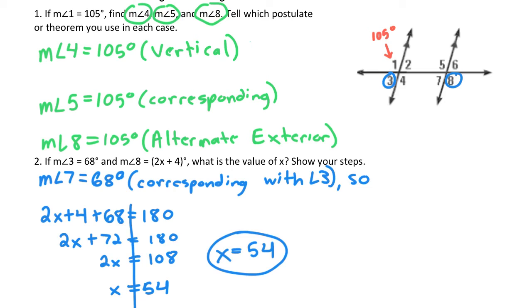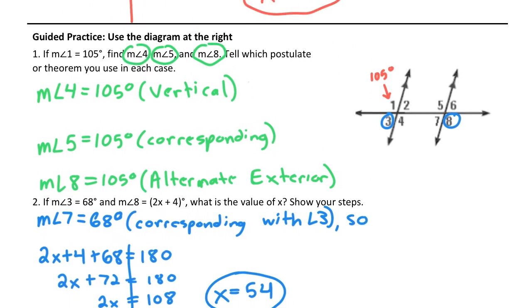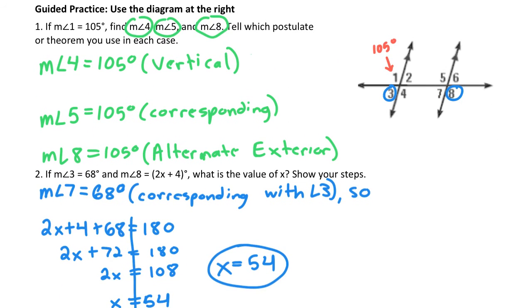So angle 1 and angle 4 are vertical, which makes them the same. So that's my explanation for angle 4. Angle 5, 1 and 5 are corresponding, so they are congruent, they are the same measure. And then angle 8, they are alternate exterior angles, meaning they are congruent. So it's always going back to those properties, all right? That table of properties I showed you earlier.